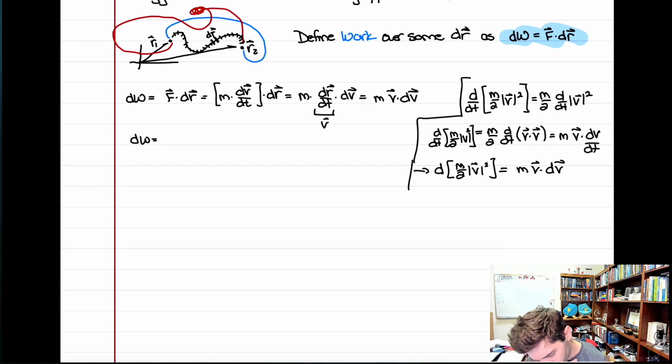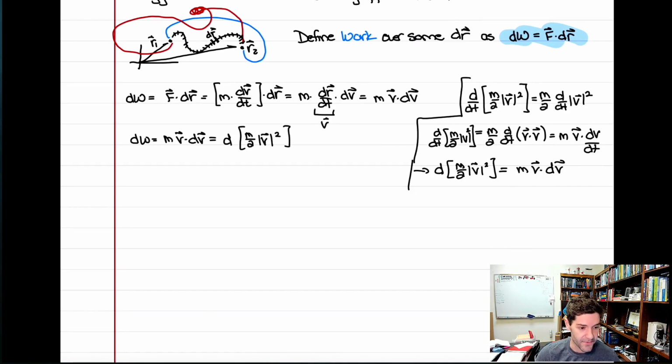So then the work, which we again said was m v dot dv, looks like that's the same thing as just the differential of m over 2 times the magnitude of the velocity vector squared. And now this has turned into a super easy thing that we can integrate.